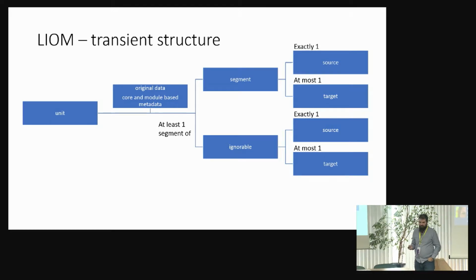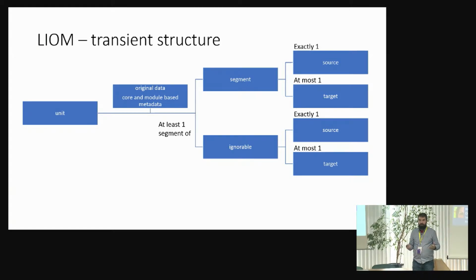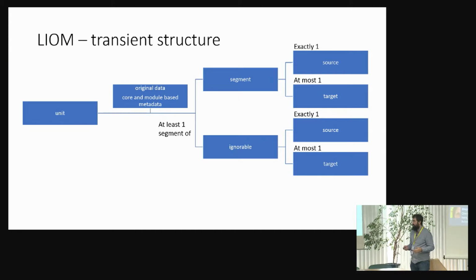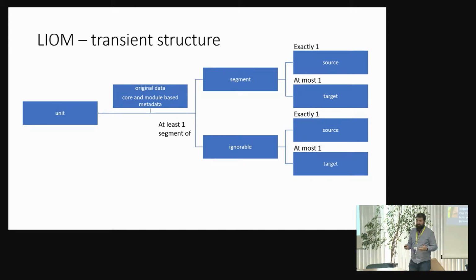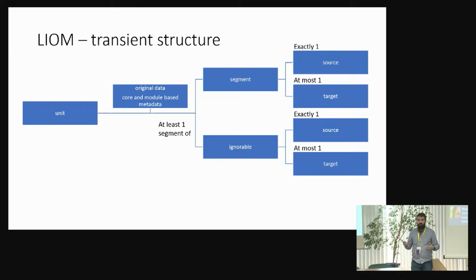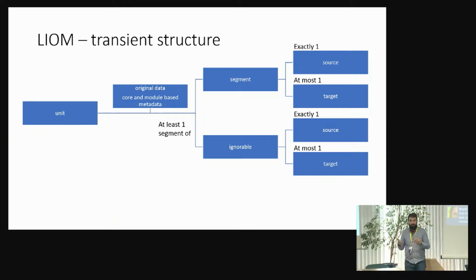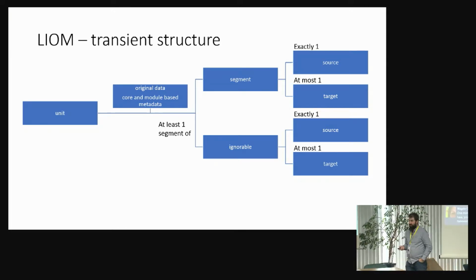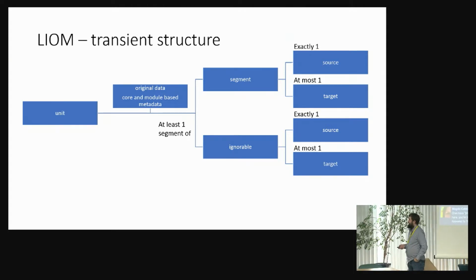A unit is a self-contained unit of the content that the translator can tackle as a unit. It is self-sufficient: it doesn't make references outside of it, and things are not allowed to span outside of it. The units consist of subunits, and these subunits are either segment or ignorable, and each unit has to have at least one segment.